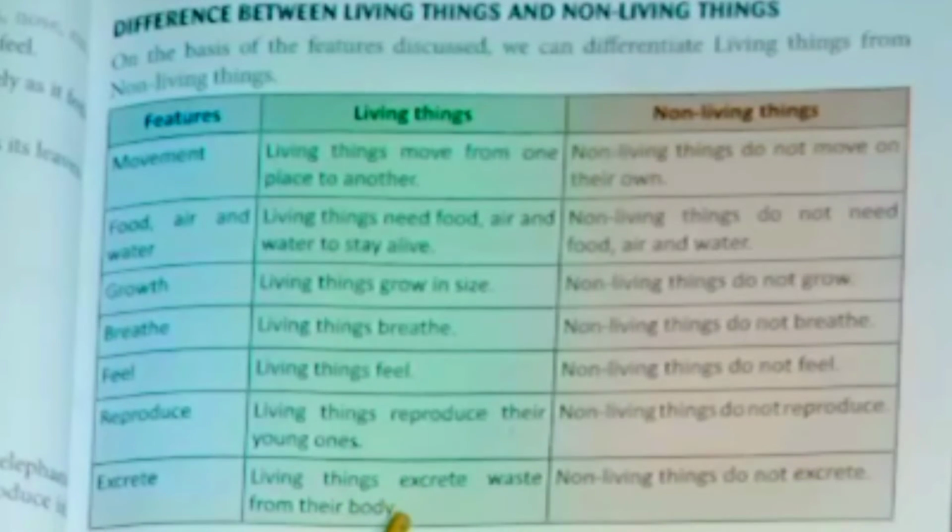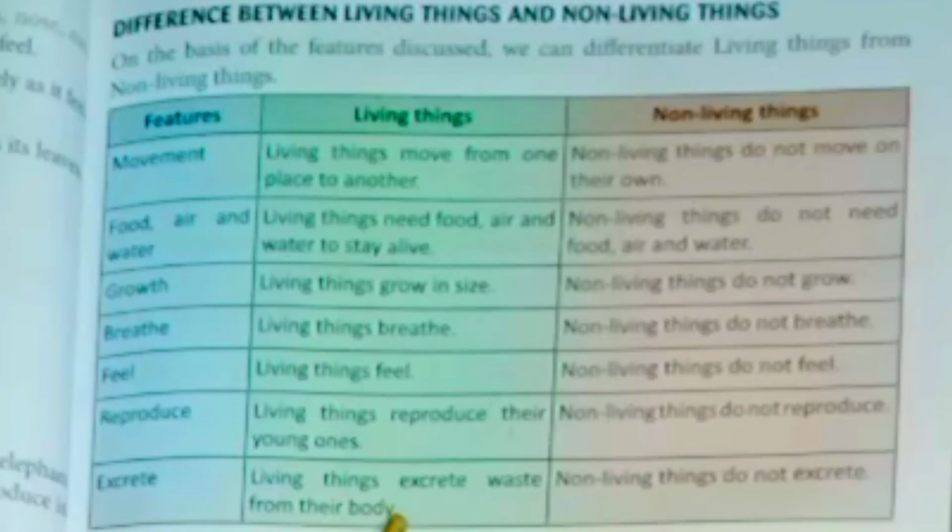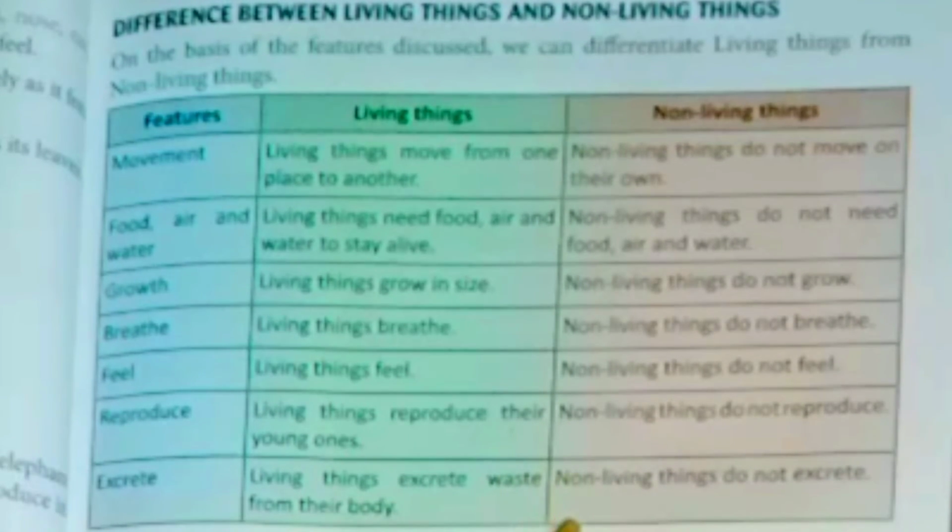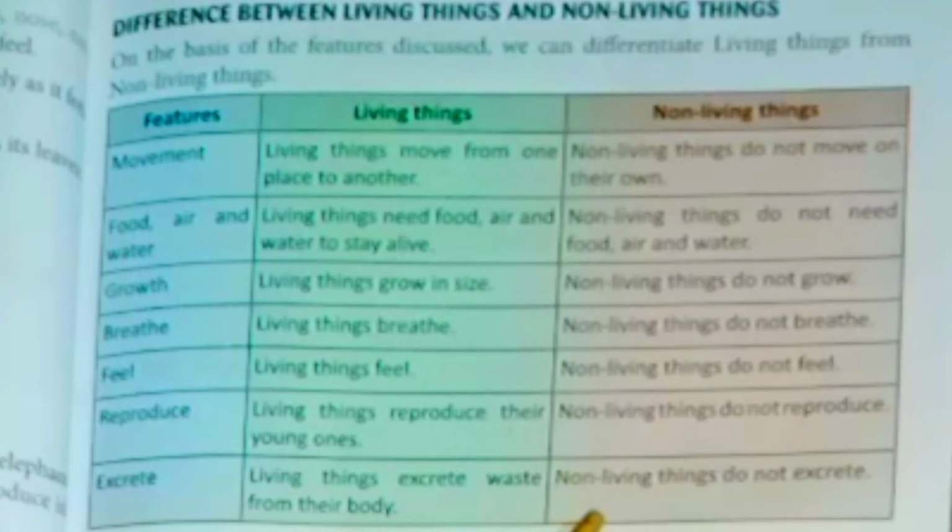You are taking some food daily, and some part of the food is digested and some part is produced as waste. That waste goes out from your body, and that process is known as excretion. But non-living things do not excrete. Why? Because they are not taking any food. Why are they not taking any food?